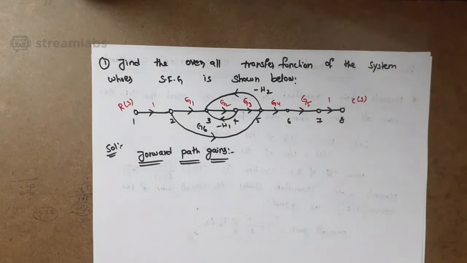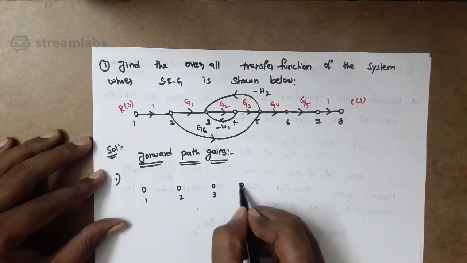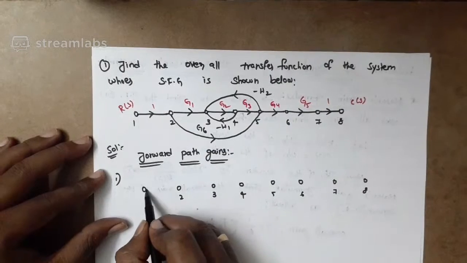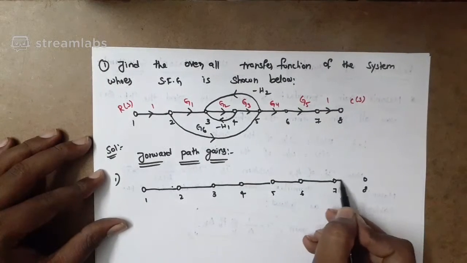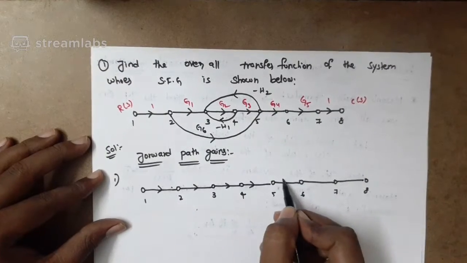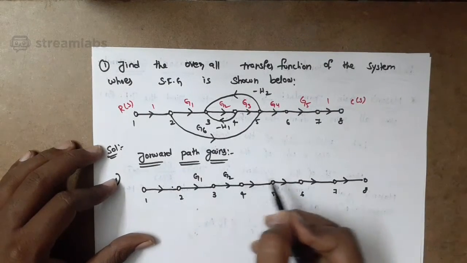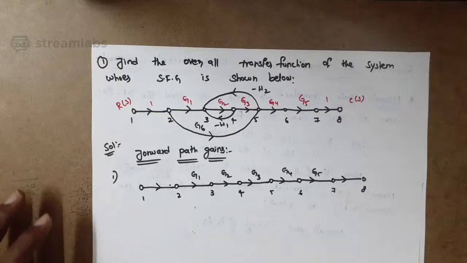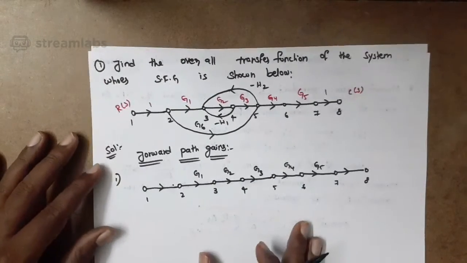So the first forward path is 1, 2, 3, 4, 5, 6, 7, 8, with gains G1, G2, G3, G4, G5. So this is one forward path.